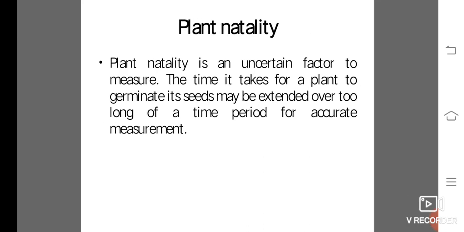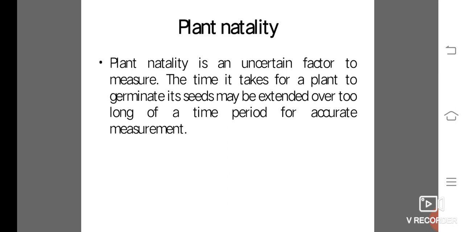Now we will see what is plant natality. Plant natality is an uncertain factor to measure. The time it takes for a plant to germinate its seeds may be extended over too long a time period for accurate measurement. Plants' natality is more difficult to determine than animals'.